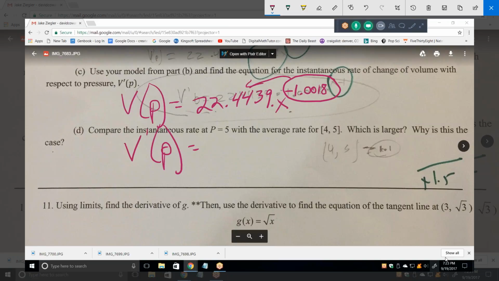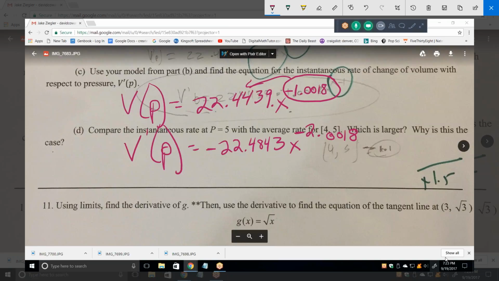That's going to be the first number we're going to write. Negative 22.4843 times X, and what's the new power? Negative 2.0018. Okay, so there's our derivative.